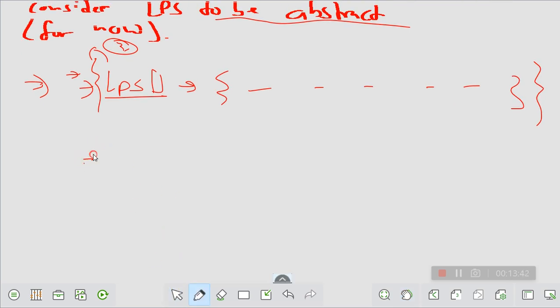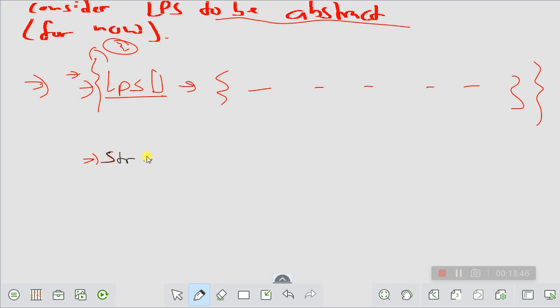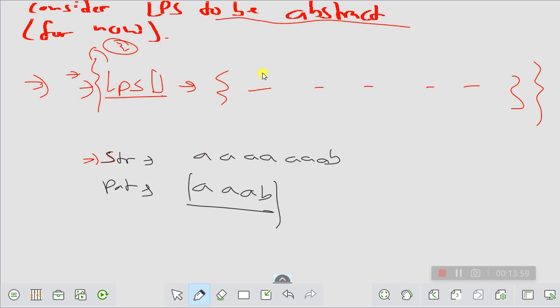So now I'm going to write my string and pattern again. My str was something like a and b, and my pattern was a b. Now for this pattern, the LPS is 0 1 2 0. How am I writing this? Just focus here.